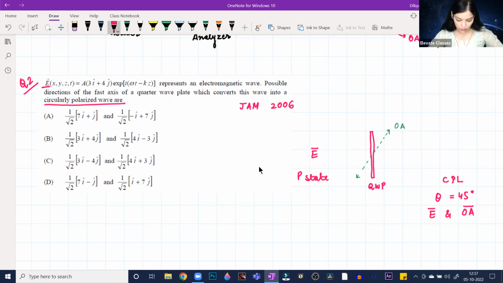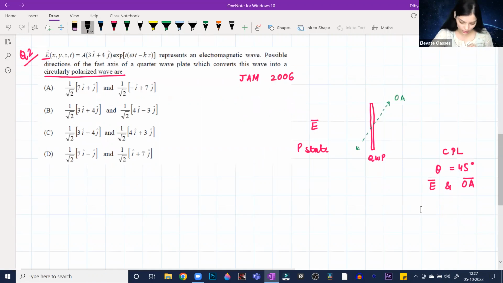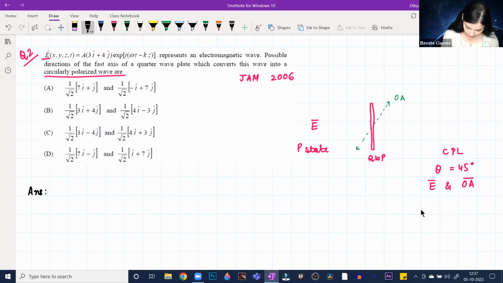The 2 directions given in each option are perpendicular to each other, but you have to check for each option whether they are making a 45 degree angle with respect to the input E field. Okay, so it's more like a question which you have to solve using your knowledge of vector calculus. So what I'm saying is, let us take the E field.